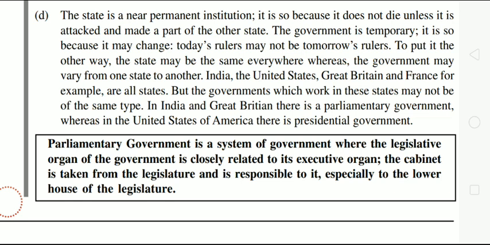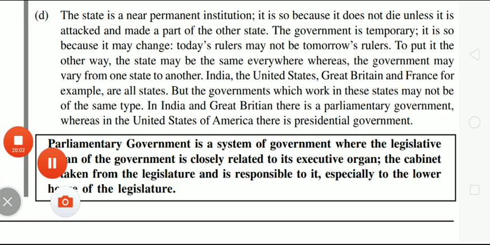In India and Great Britain, there is a parliamentary government, whereas in the United States of America, there is presidential government. Parliamentary government is a system of government where the legislative organ of the government is closely related to its executive organ.